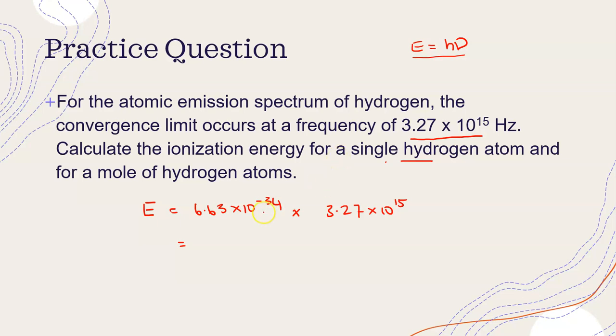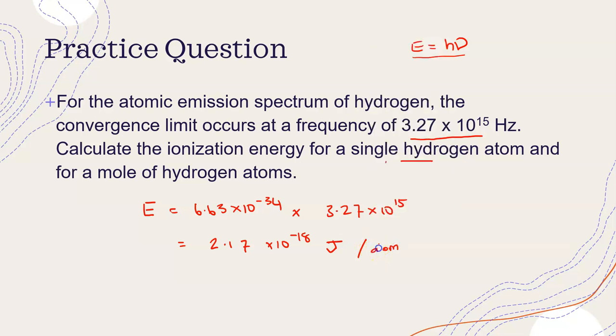So we get 2.168, and we're doing 3 significant figures, 2.17 times 10 to the negative 18 joules per atom.